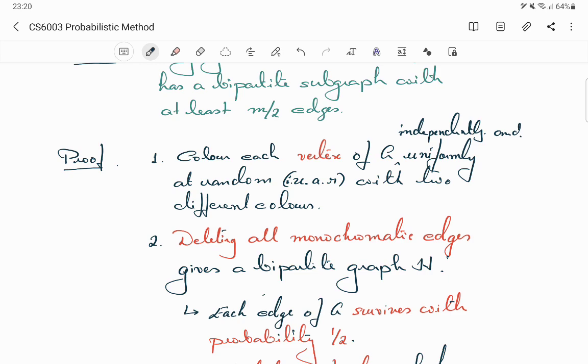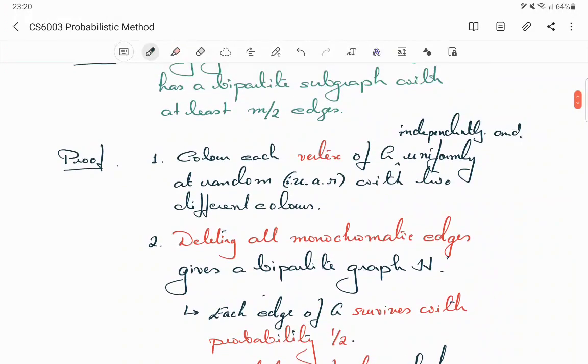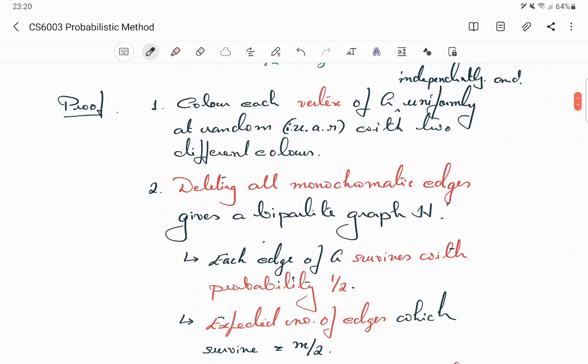All these cases are equally likely because of the independent, uniformly at random coloring. All these 4 events have probability 1/4 each. Since 2 of them are favorable, the answer is half. So this is our first observation: each edge survives with probability half. So if each edge survives with probability half, then the expected number of edges that will survive is m by 2.